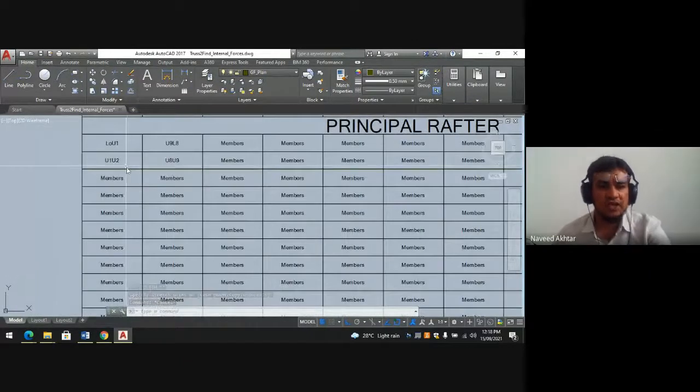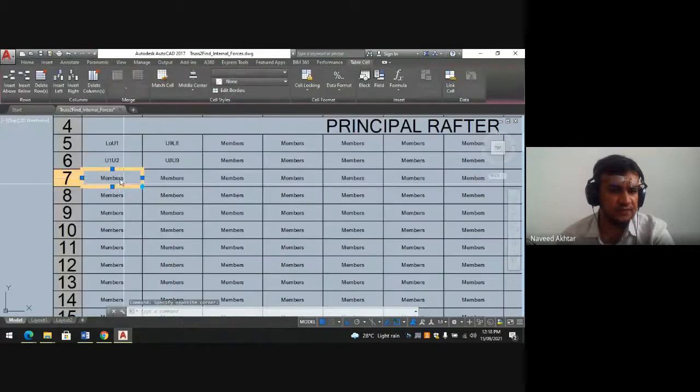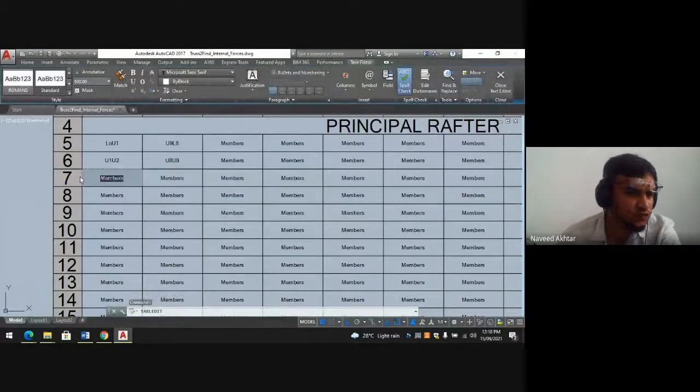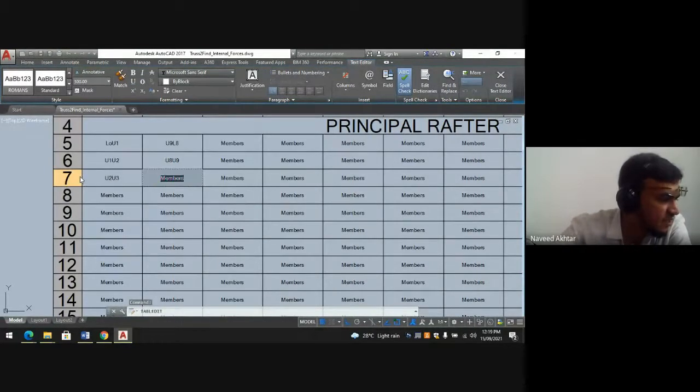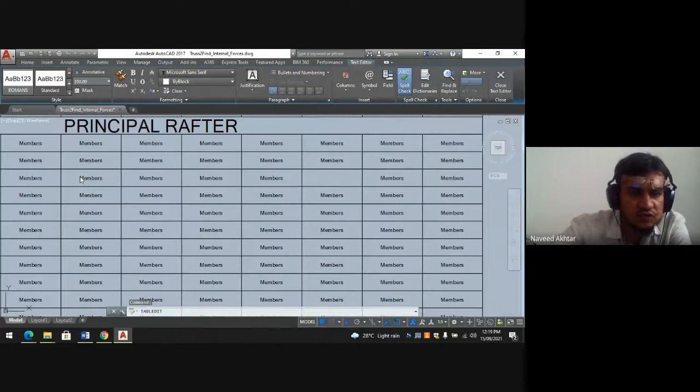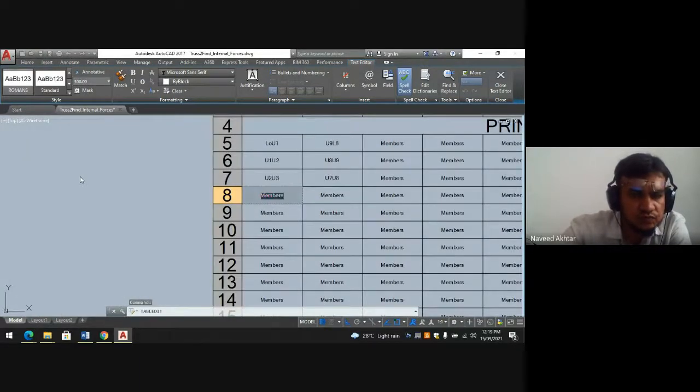Okay, so in principal rafter L0U1, U9L8, U1 U2, U8 U9 are the same. Similarly, U2 U3 is same as U7 U8. Similarly, U3 U4 same as U6 U7.